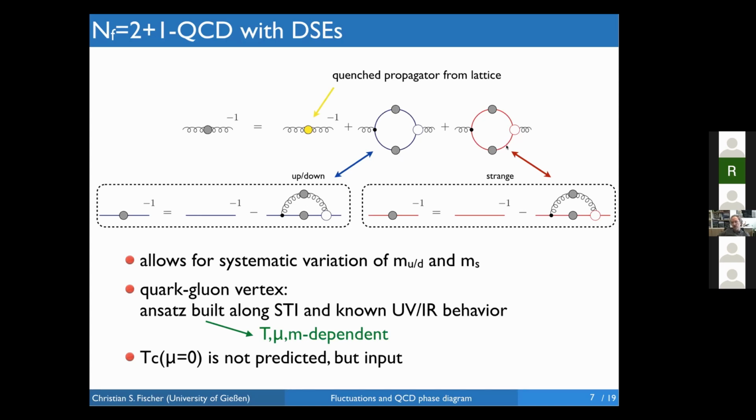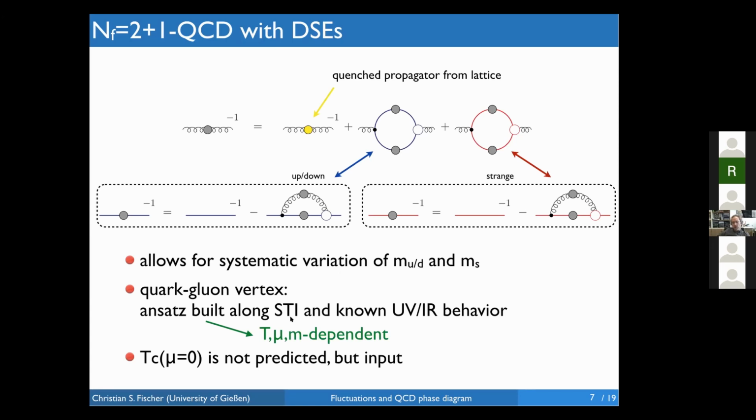And I will later on also show results for adding the charm quark. And in this way, we get the dressed propagator, which is then fed back into this equation, and this is then solved consistently.